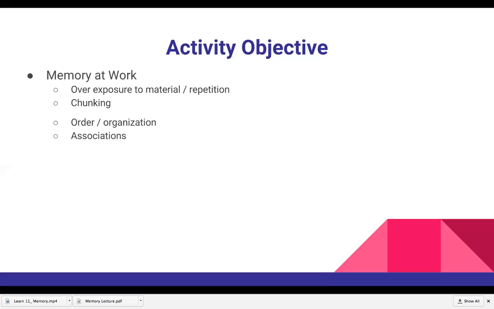So there was repetition, and students were saying to themselves over and over again what patterns were where. Some students planned what they were going to draw first, second, third, and fourth, and that was the order or organization of how they were going to go about remembering.